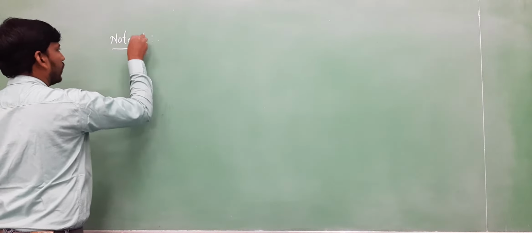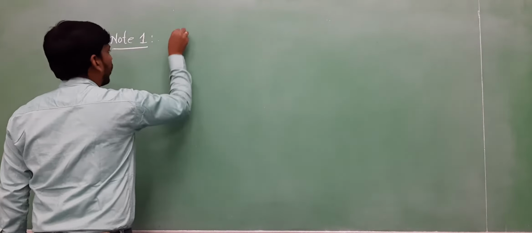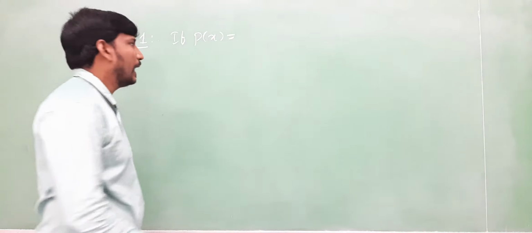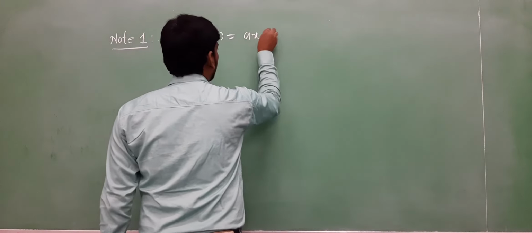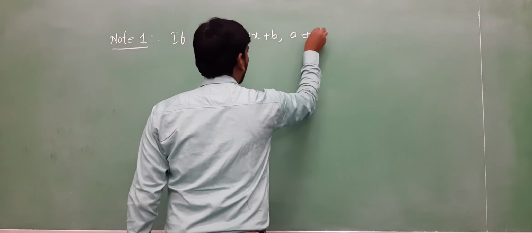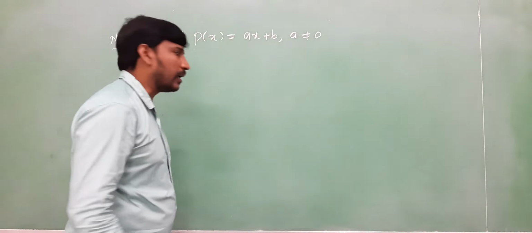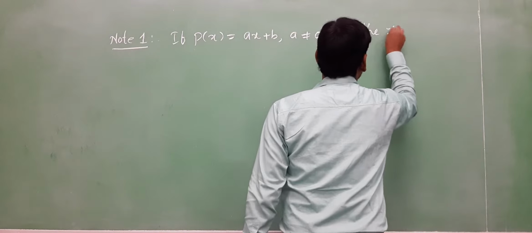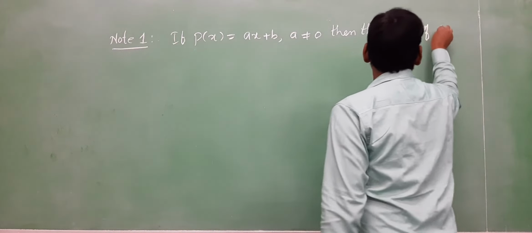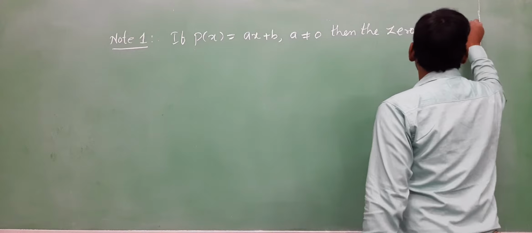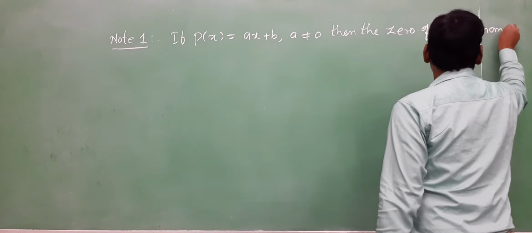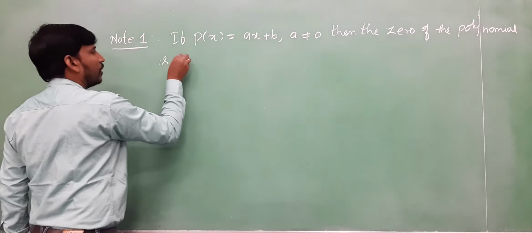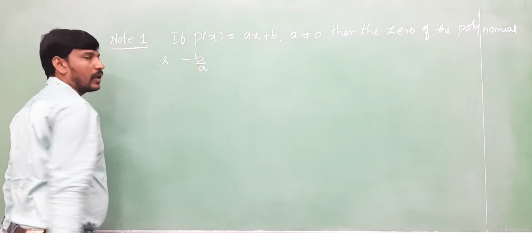If p of x is a polynomial in the standard form of a linear polynomial, p of x is equal to ax plus b, where a is not equal to 0, then the zero of the polynomial is minus b by a.